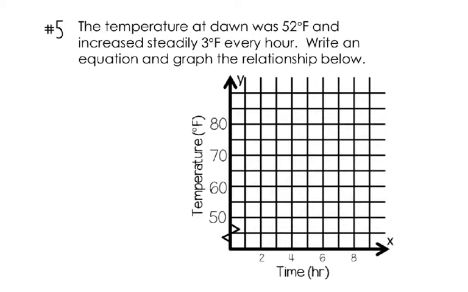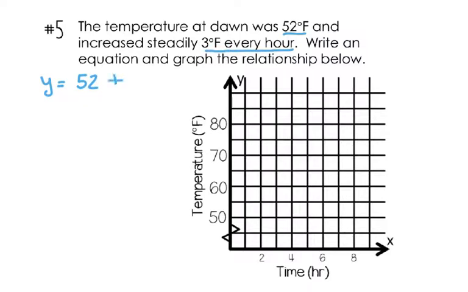Let's take a look at a word problem. The temperature at dawn was 52 degrees Fahrenheit and increased steadily 3 degrees every hour. Write an equation and graph the relationship below. Well, we haven't focused on writing equations yet, but in order to write them, we start with what it started with, and then every tells me I'm multiplying.